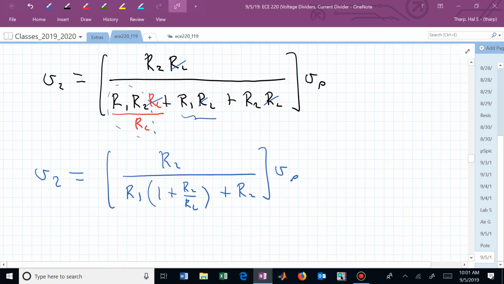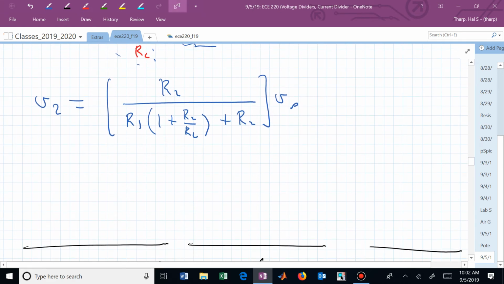The idea was to make this look like what we were used to seeing, which was R2 over R1 plus R2. And it almost does, except R sub L now is appearing in one additional term, and it's in the denominator. We can kind of look at different limiting values of R sub L. What if R sub L went to infinity in this formula? Let's look at some limiting cases.